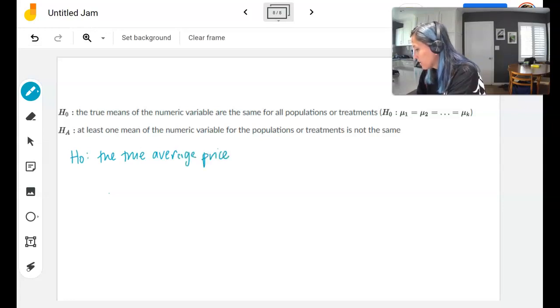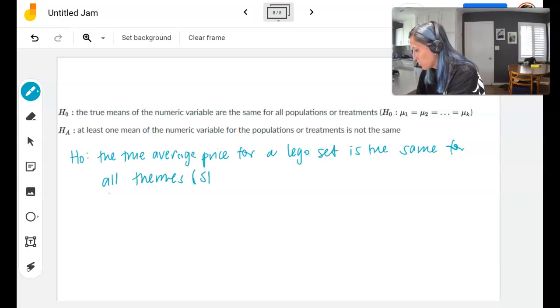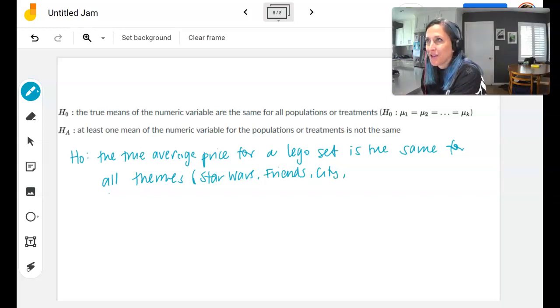Average price for a Lego set is the same for all themes. And we should be clear here that we're only testing these certain ones: Star Wars, Friends, City. What was the last one? Oh, Ninjago.